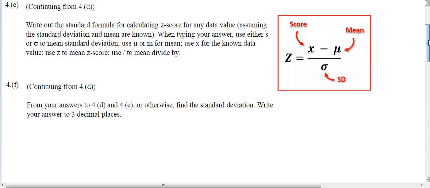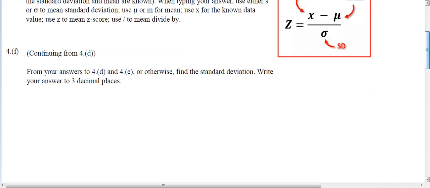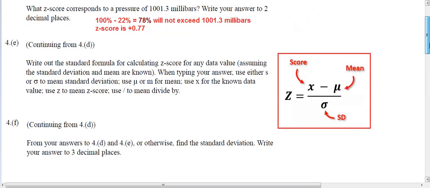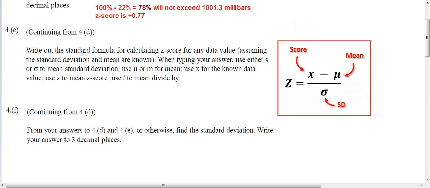Number 4: from your answers to 4D and 4E, the two previous questions, or otherwise, find the standard deviation. Write your answer to 3 decimal places. This is quite simple because we have all the things that we need. Let's use this expression.